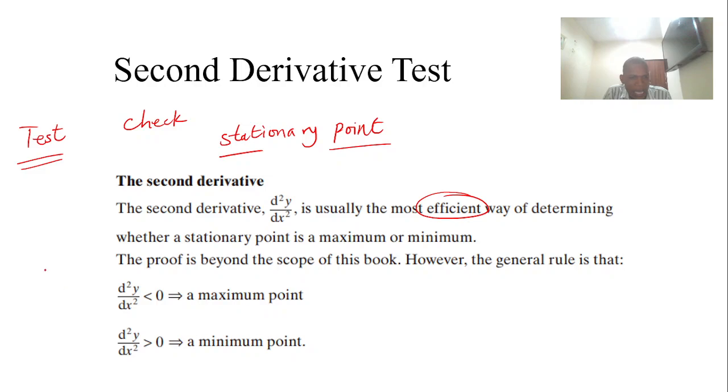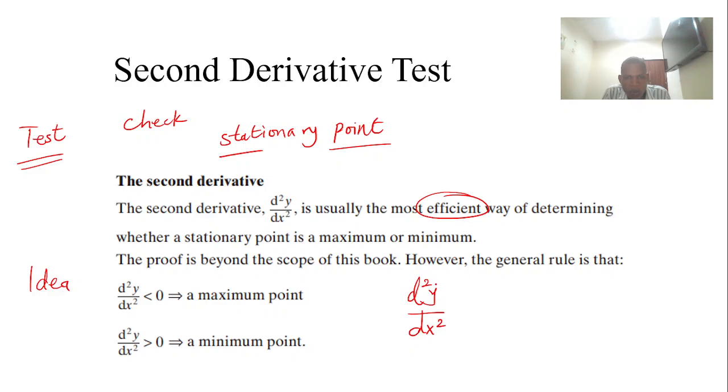The idea here is that you have to differentiate twice, of course, for the second derivative. So you must first get your d squared y over dx squared.